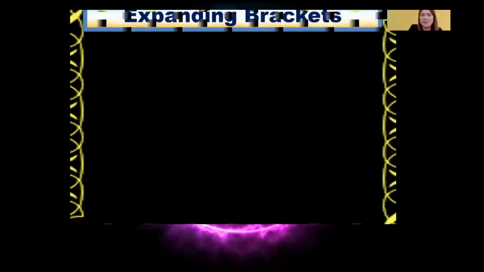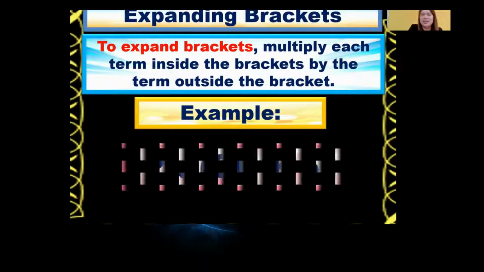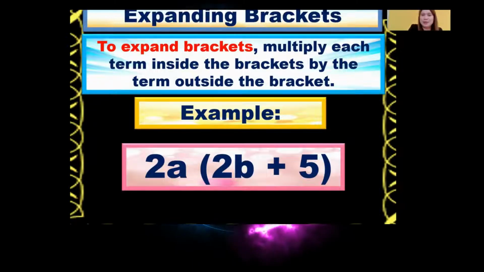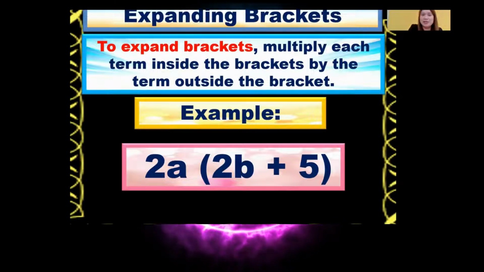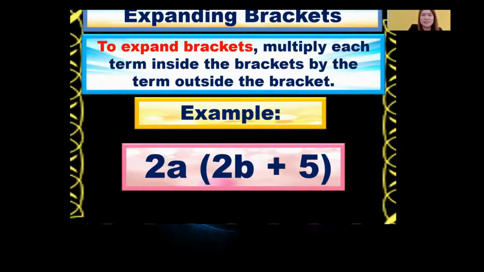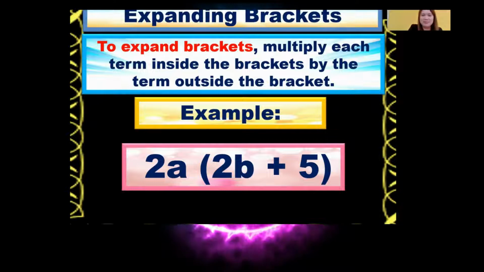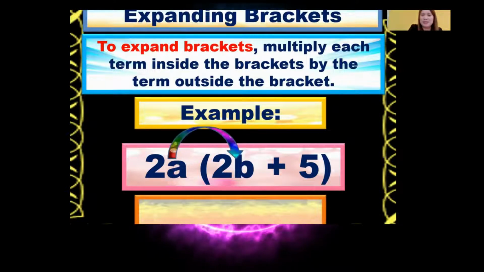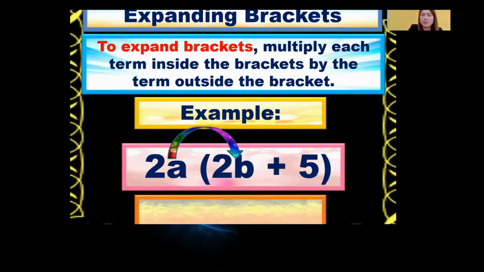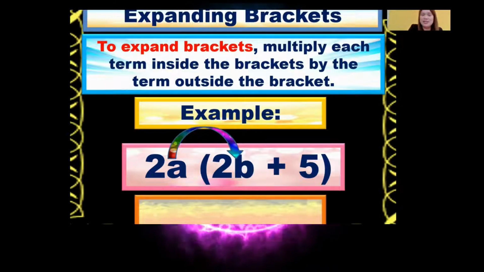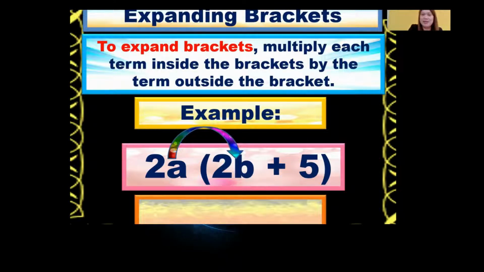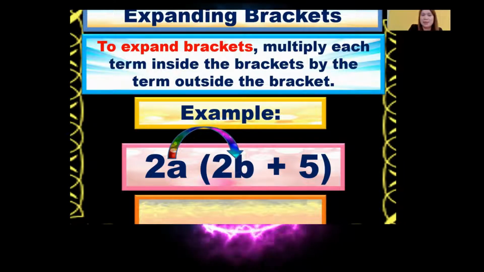So let's do another one. Again, very simple method. We are going to multiply each term inside the bracket by the term outside the bracket. So let's multiply 2a times 2b. 2 times 2 is 4. And when you multiply, you just simply copy b. If there's a times a, that will become a squared.